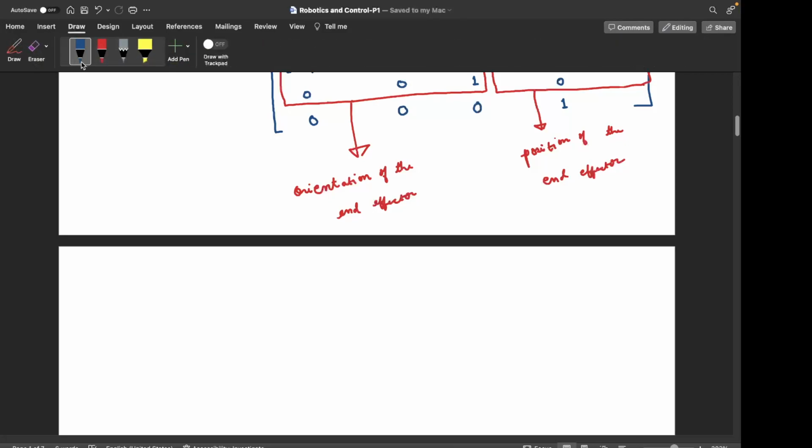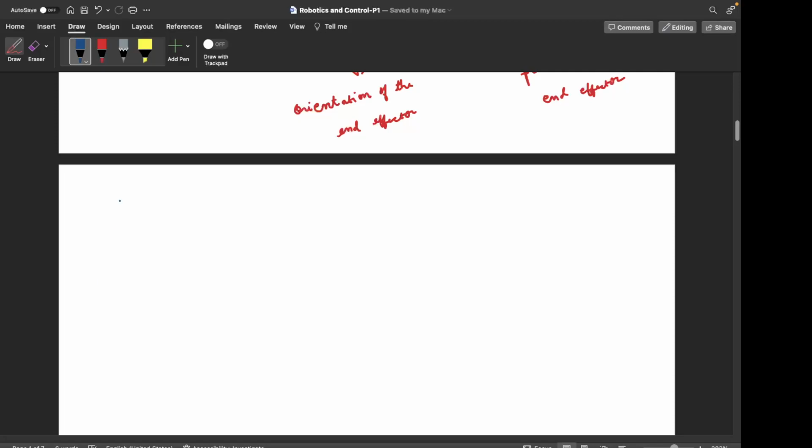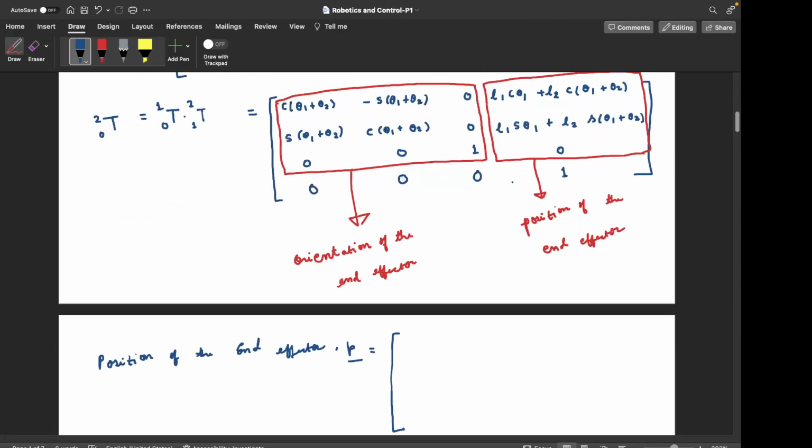So let me just go back to the position of the end effector P, which the vector is given by this thing.